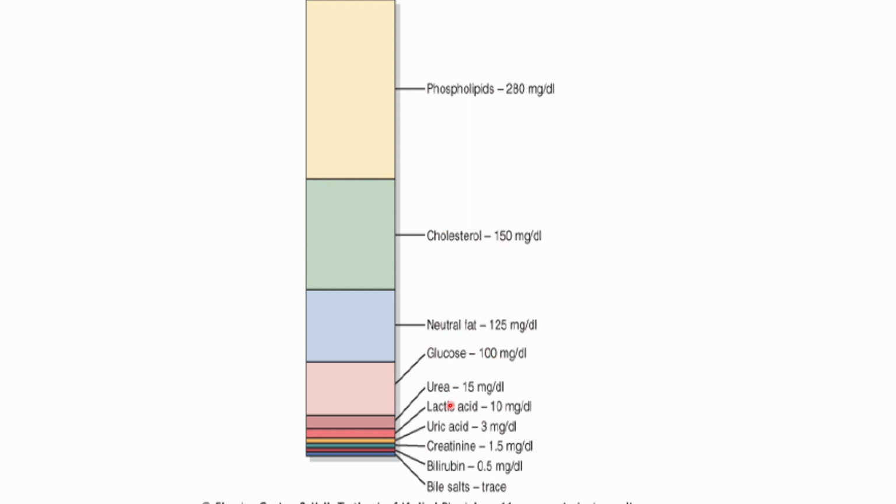Fats, about 125. Sugar, it should be about 100, maybe 110 is acceptable. Urea, about 15. Lactic acid, about 10. Uric acid, about 3. Creatinine, about 1.5. Bilirubin, 0.5. And then the rest of it, we should see trace levels of salts and other ions.